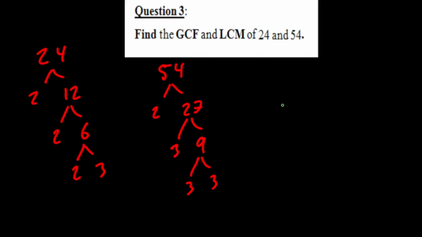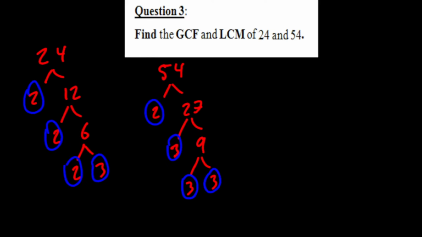Now that we have both factor trees done, let's circle all the prime numbers. We have 3, 3, 3, 2, 3, 2, 2, and 2. Now let's write them in a chart to help us solve for the greatest common factor and the least common factor. So the chart goes like this. You write 24 and 54, and then you write all the prime numbers you got.